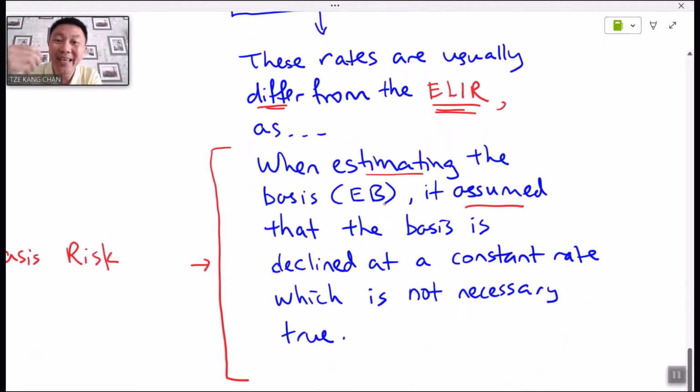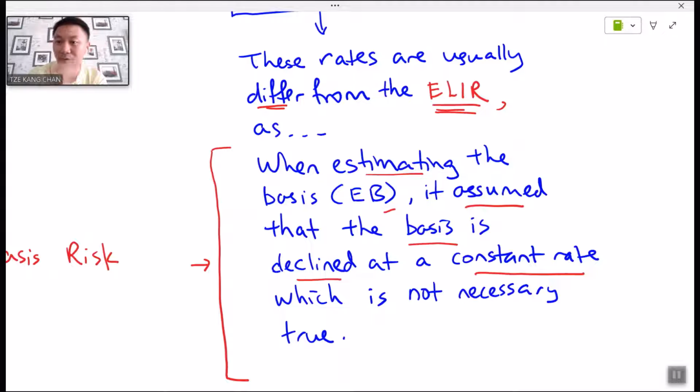When estimating the basis, which is the EB, it assumes that the basis declines at a constant rate from now until the expiry of the futures contract. So from now, the basis is such an amount. As time approaches the expiry of the futures contract, the decline of the basis is constant right until the expiry date of the futures contract.